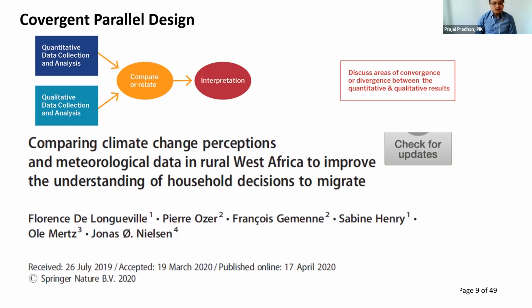There are a lot of studies like this on what people perceive in terms of climate change. But at the same time, there is also a lot of meteorological data available, and we can compare how similar or different the perception of the people is, because normally in terms of people's memory, people remember, let's say, that this winter is a very harsh winter.